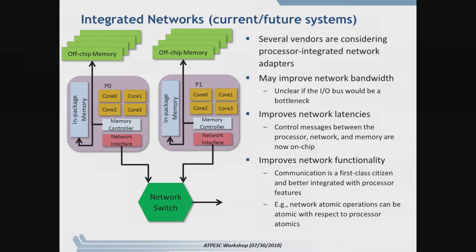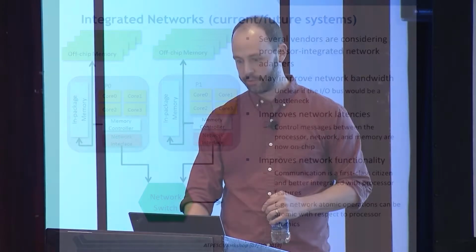But if these network chips get further integrated onto the package, then we could potentially see that capability where they are atomic with respect to each other, and that could be pretty exciting from a distributed memory programming point of view.